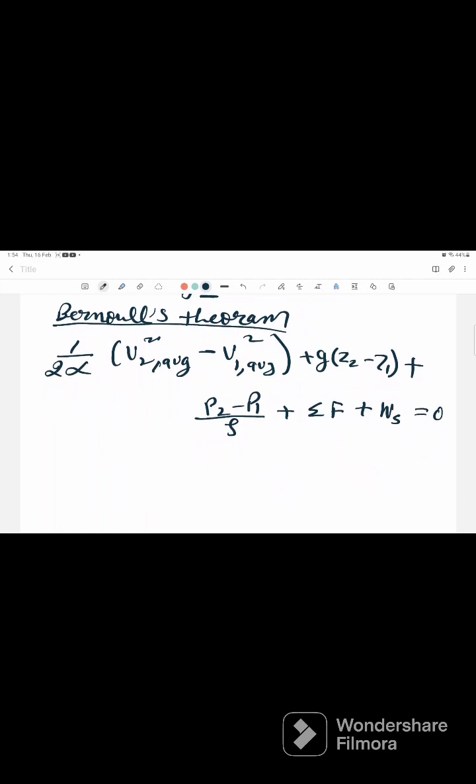So all the terms are on the left side, and this is 0. This is frictional losses. See shaft work.